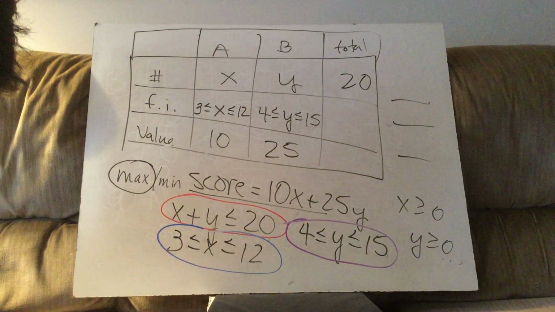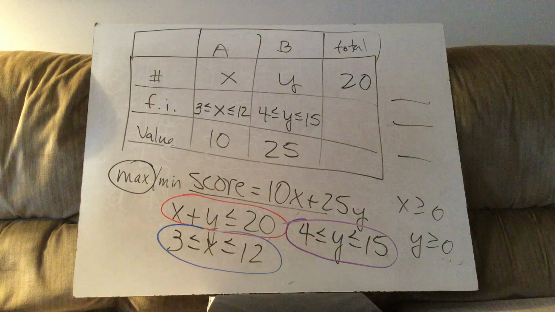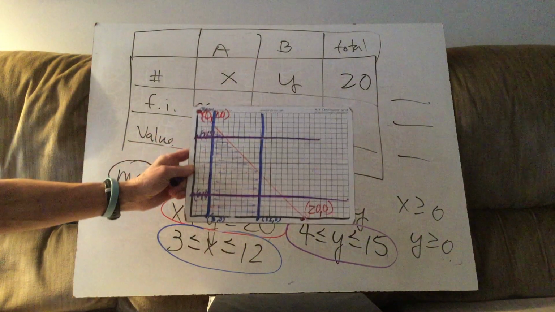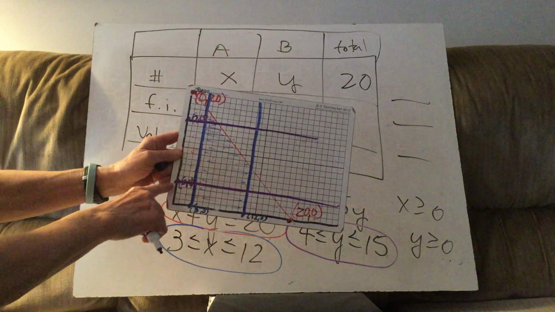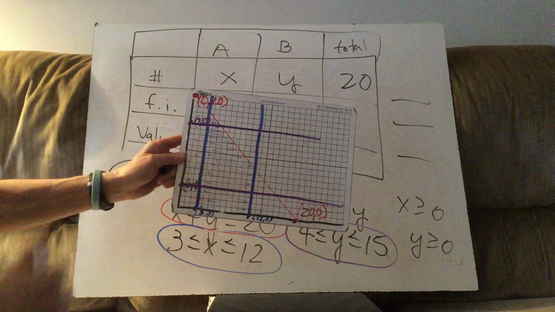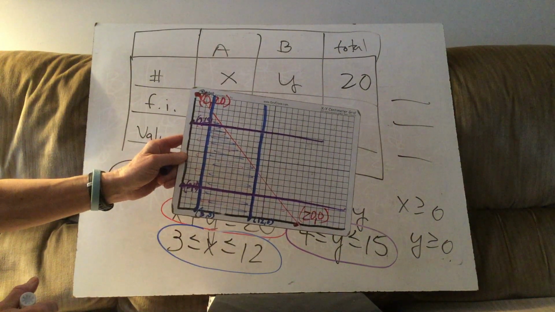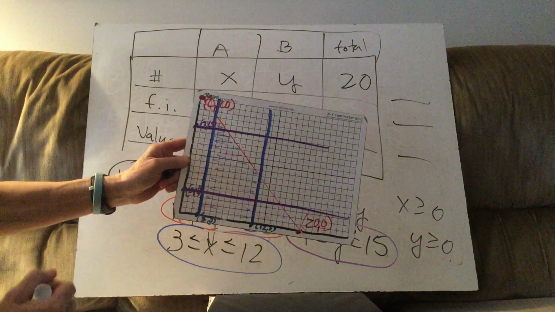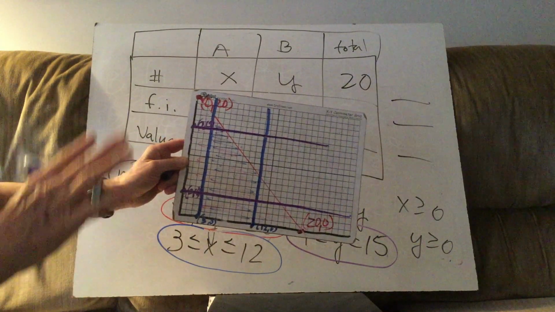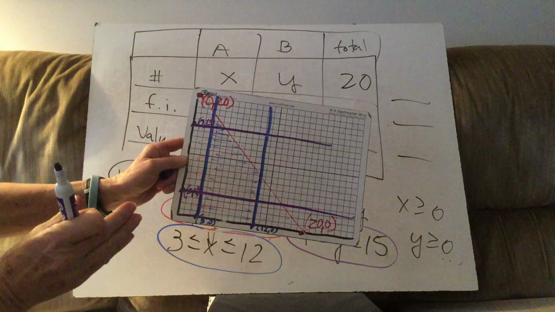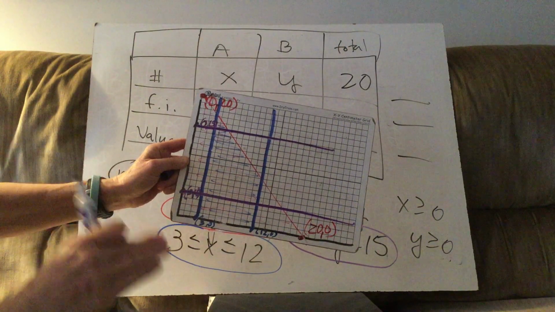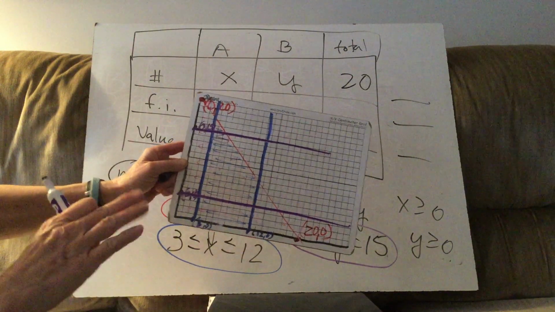And I'm going to draw those straight across horizontally. So there are my purple lines. This one's at 4, that one's at 15. And I am in between the purple lines. So keep in mind, I'm between the blue, under the red, and between the purple.